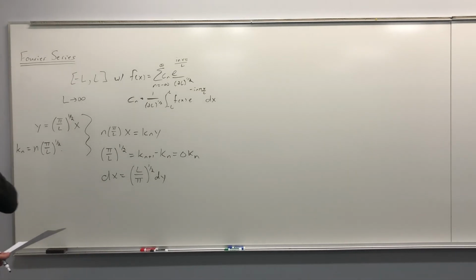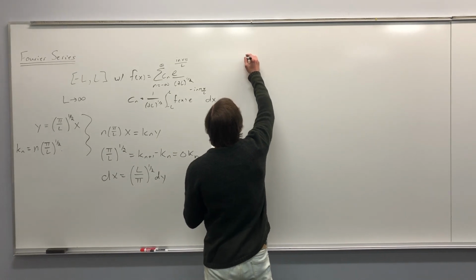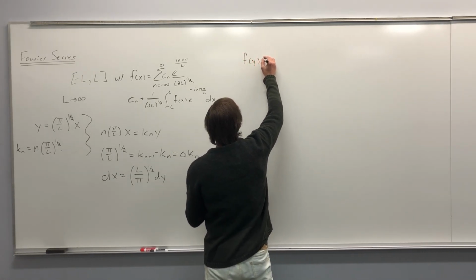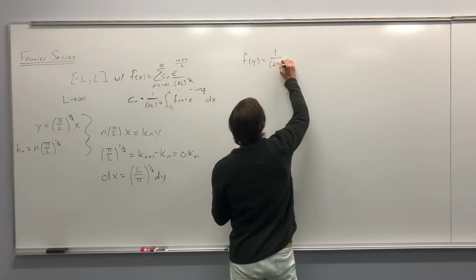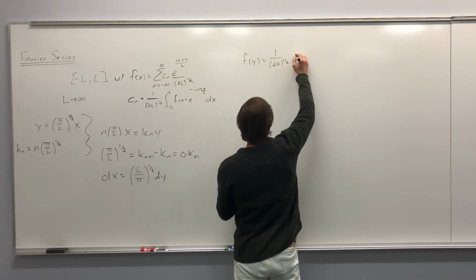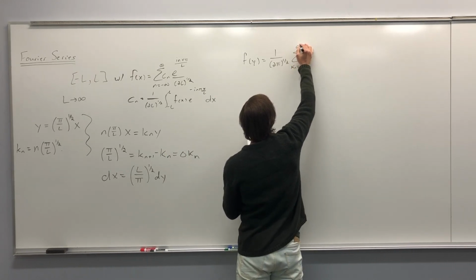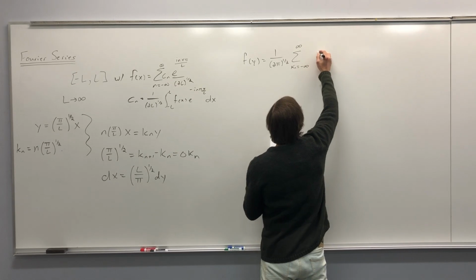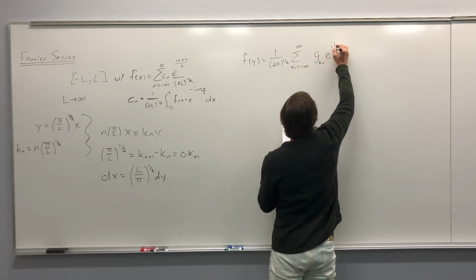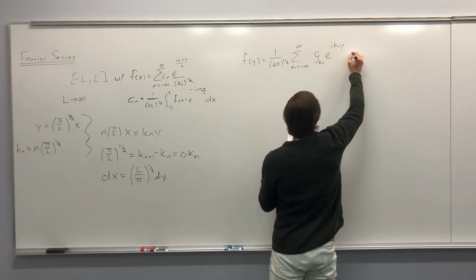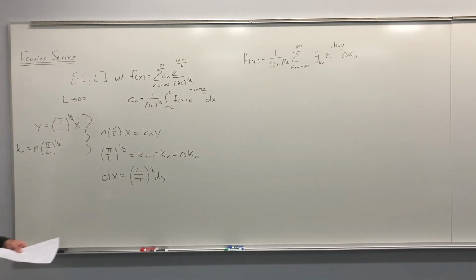So unloading all of this into these two expressions, we get the following. F of y is 1 over 2 pi to the 1/2 sum over Kn from minus infinity to infinity of g Kn e to the I Kn y times delta Kn.